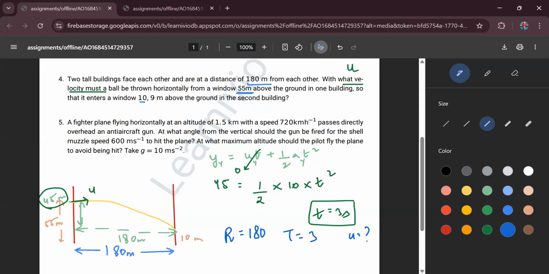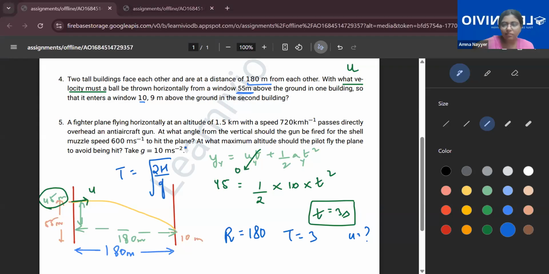Or directly you could have used from here the formula under root 2h by g. Same thing will come. So range of motion is there, time period is there, initial velocity has to be calculated. This is just a question where you have to use first the range of motion. Mainly if you get the figure correctly, you will be able to write the rest of the things fine. So range of motion is 180 meter, time period is 3 seconds.